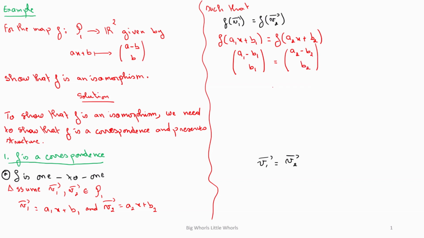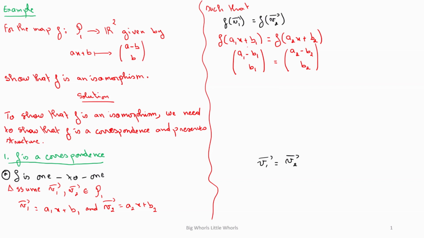When do we say that two vectors are the same? We have seen that in one of my previous videos, on linear systems, the first main chapter.